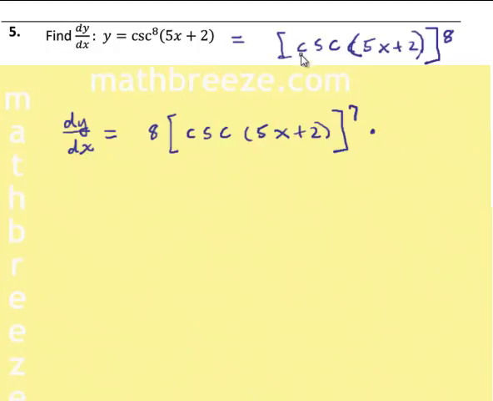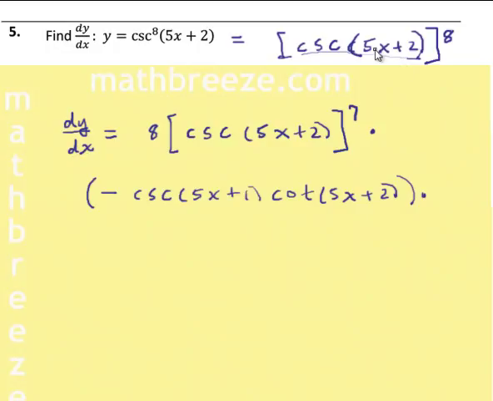And now we're multiplying by the derivative of cosecant 5x plus 2. Remember, the derivative of cosecant is minus cosecant cotangent. And now multiplied by the derivative of the inner function of 5x plus 2, so we have a 5 coming out.